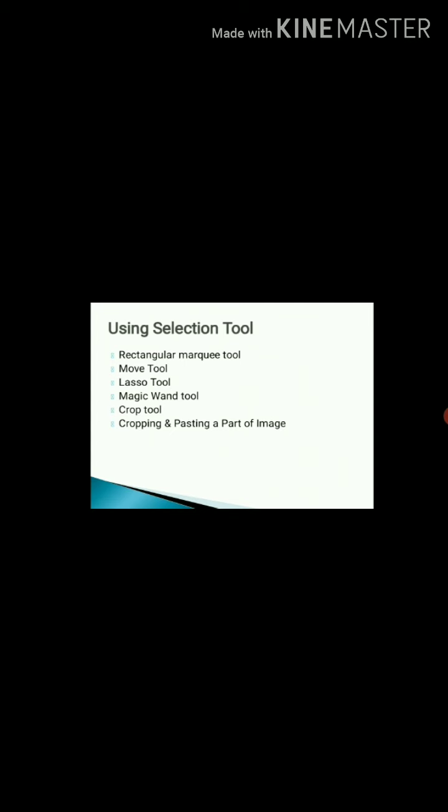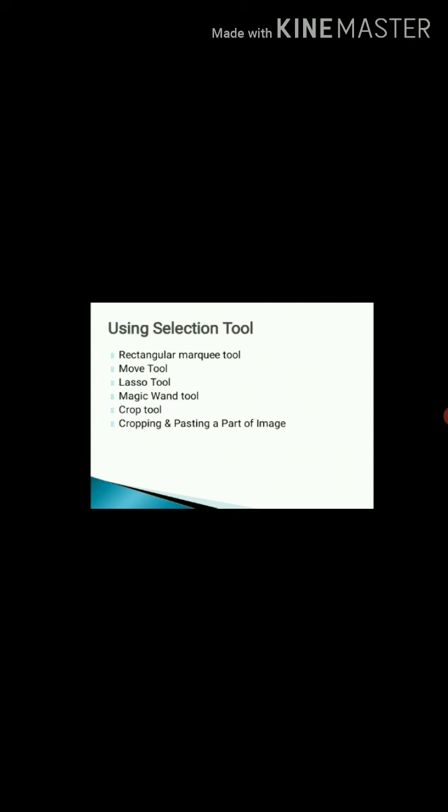Next is magic wand tool. Like its name, magic wand tool allows you to select an area of an image based on its color. Means it works on similar color.